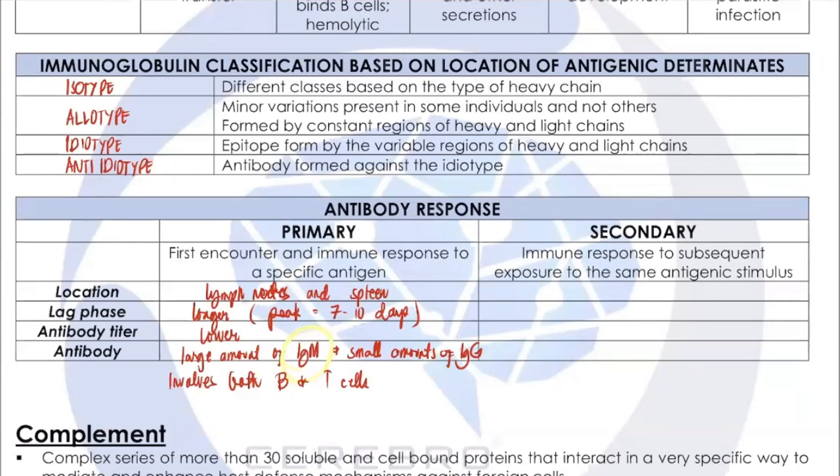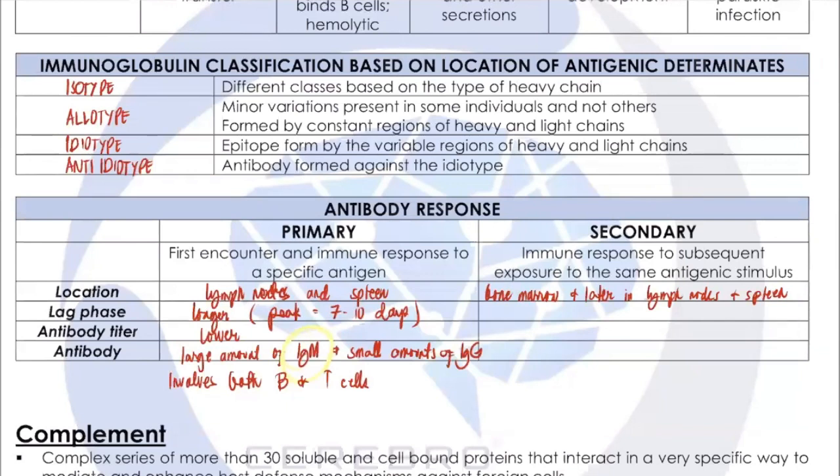This secondary response occurs primarily in the bone marrow and later in the lymph nodes and spleen.